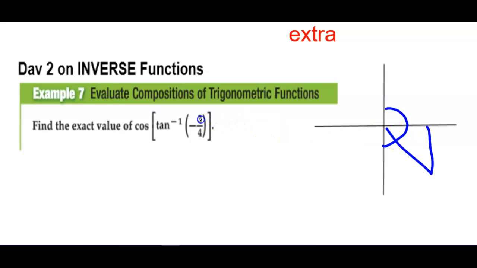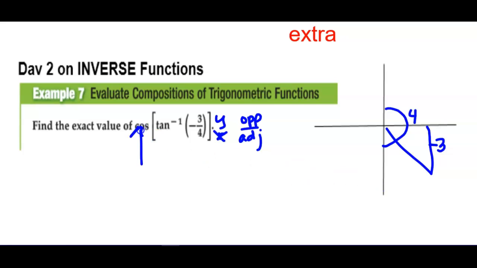Tangent is opposite over adjacent, or y over x. So the one that would have to be negative to put it down in that quadrant would be this one.